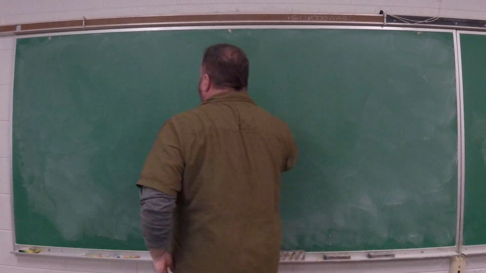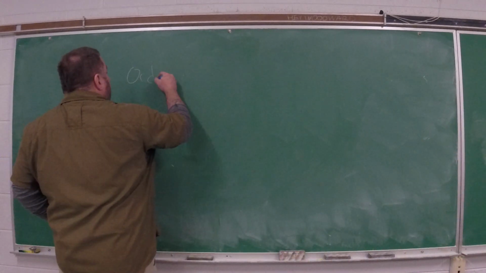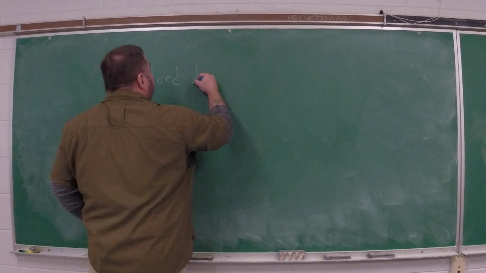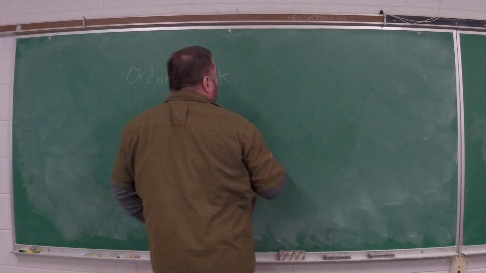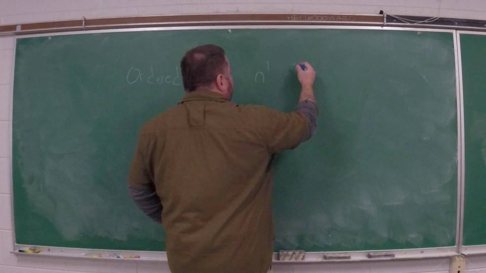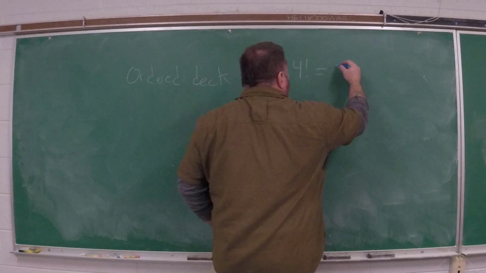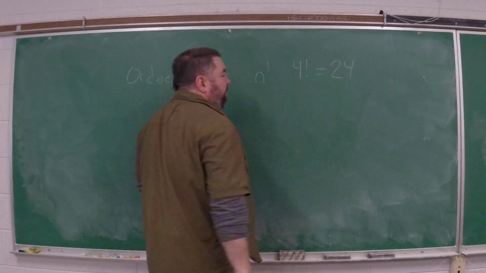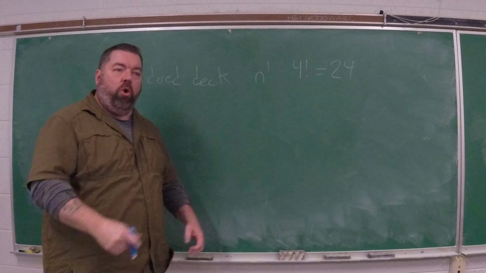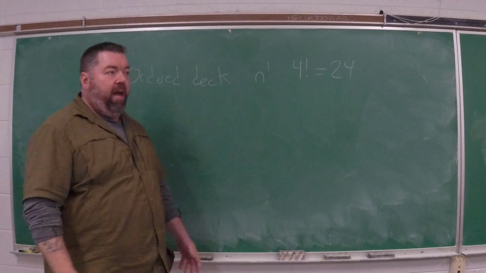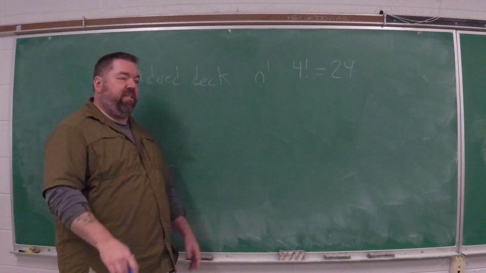You're going to have an ordered deck. It's actually n permutations, so 4 factorial, which is equal to 24 different states, 24 different ways to order the suits, the 4 suits, okay? You're keeping the 2 through king the same.